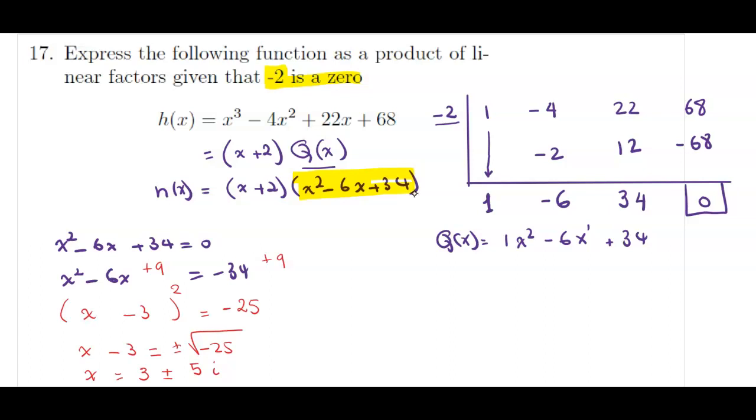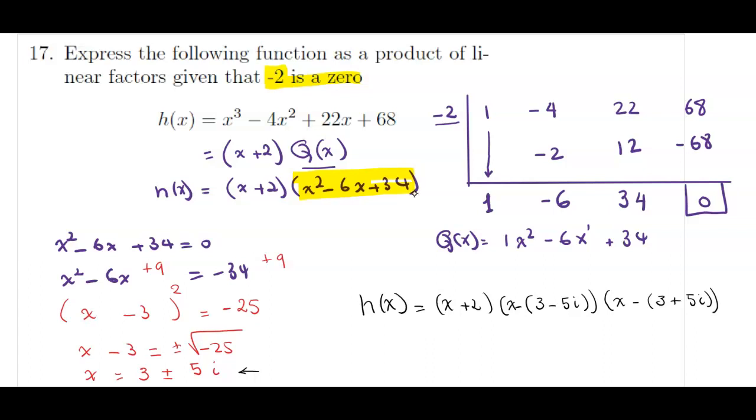So if they are my solutions, I can go back to the h of x here and write it down as equal to x plus 2, that's x minus minus 2, then x, parentheses, minus, the first zero from here, 3 minus 5i, and then again x minus another parentheses, the other zero, which is 3 plus 5i, which is the conjugate of the previous one.